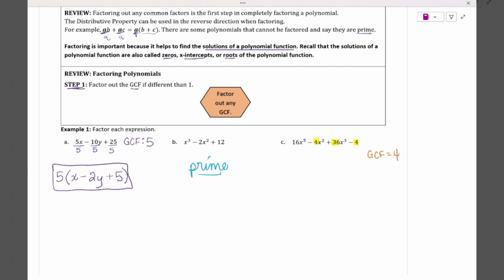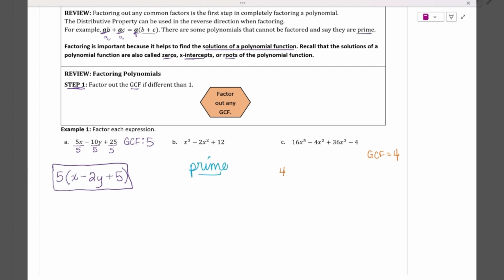Now, looking at the variable parts, I already noticed that that last term doesn't have a variable part. So there's definitely nothing to pull out from that last term of a variable. They all have to have the same factor. So even though all the other terms have x's, because that last term doesn't, I don't have a common variable part to pull out. So my GCF for this one is just 4.